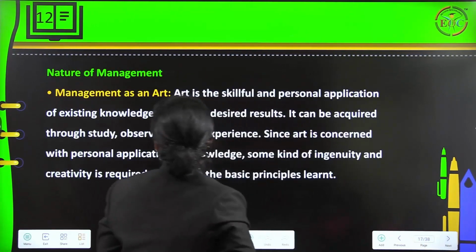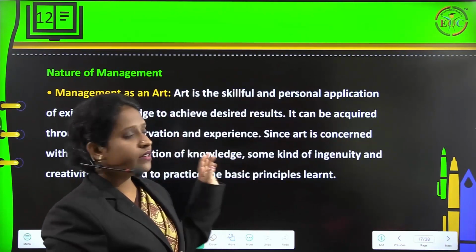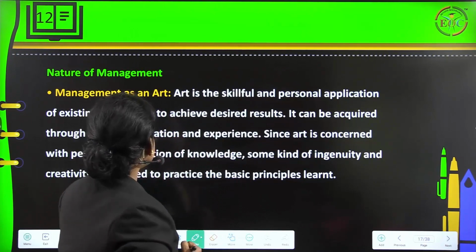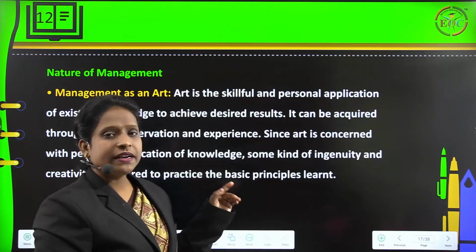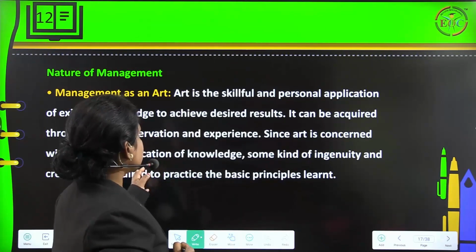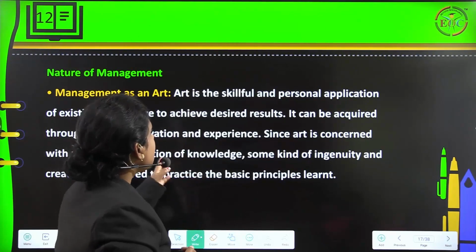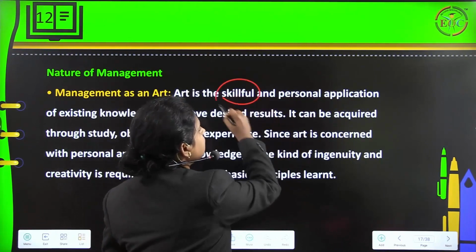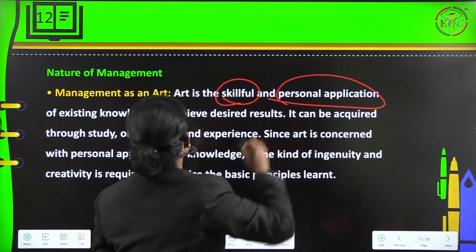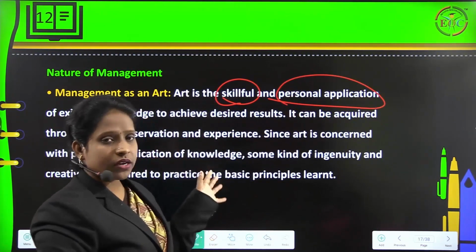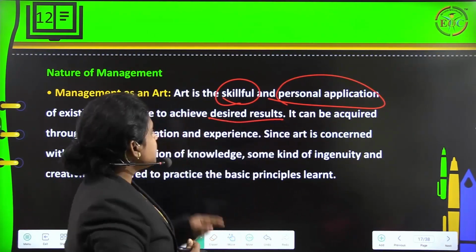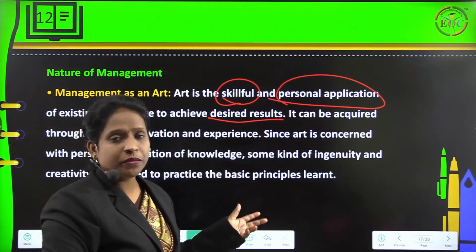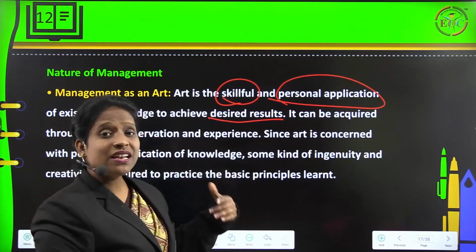Then the next concept is about the nature of management. The first thing is management as an art. Art is the skillful and personal application of existing knowledge to achieve desired results. So we say art is the skill of the person, and personal application.